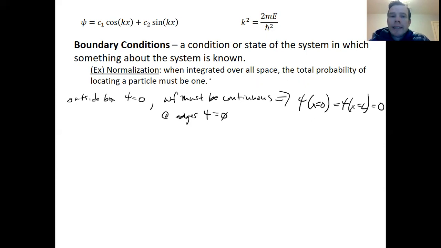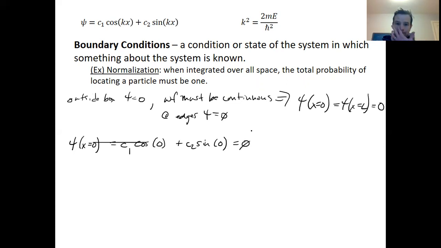I can plug this into this expression, right? So if I write psi at x equals 0, I get C1 cosine of k times 0, plus C2 sine of 0, and this is equal to 0.